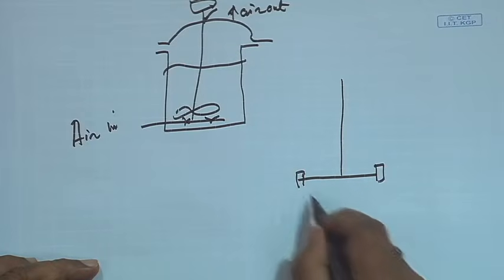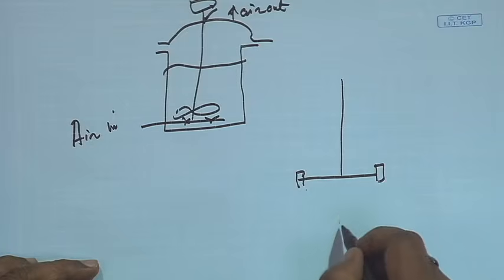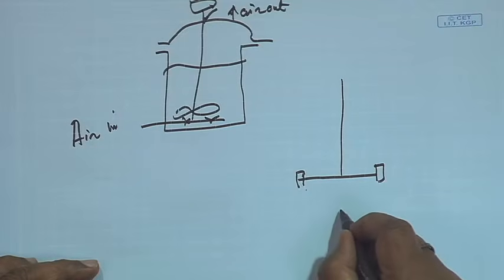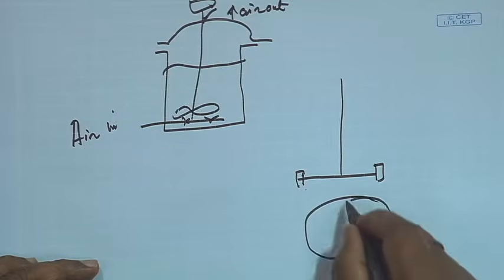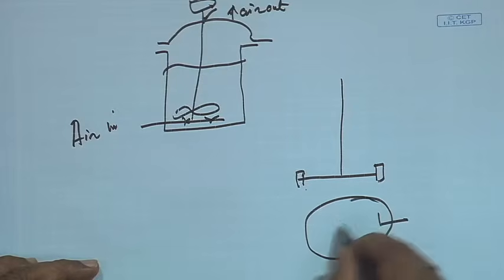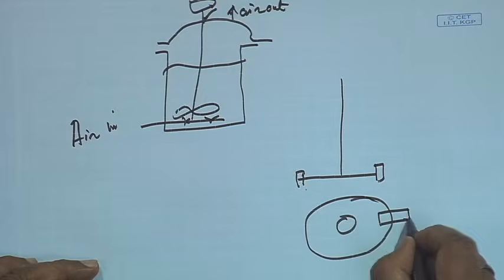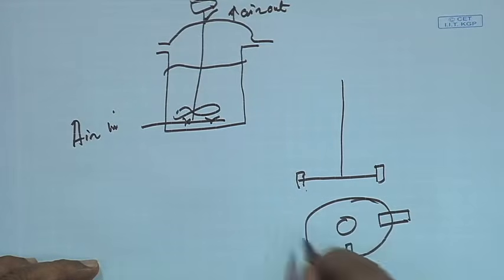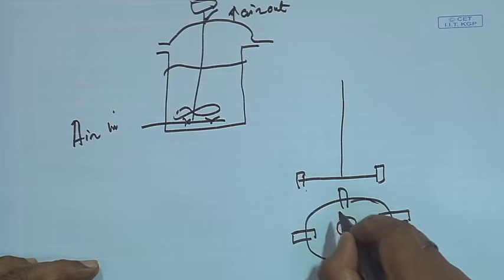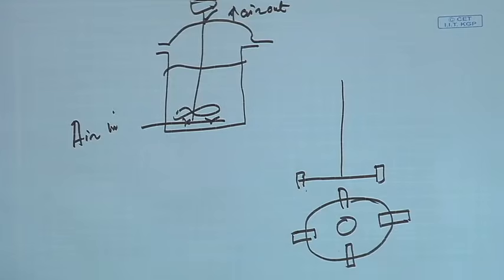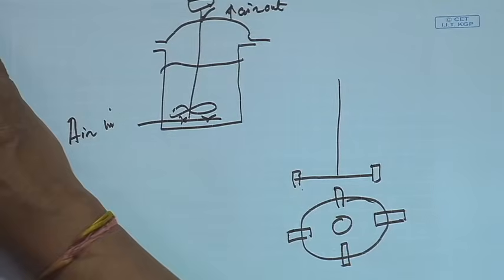If you take the top view or bottom view, it is like this: the disc has a center point, and the blades are mounted like this. This is rotated, and this is called the impeller.